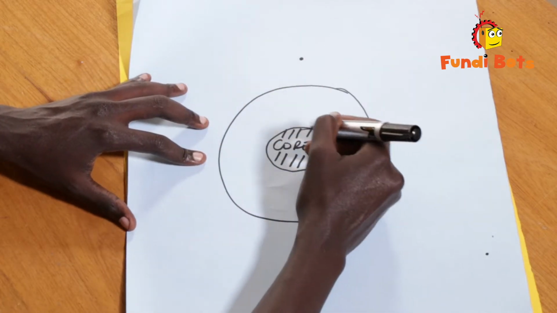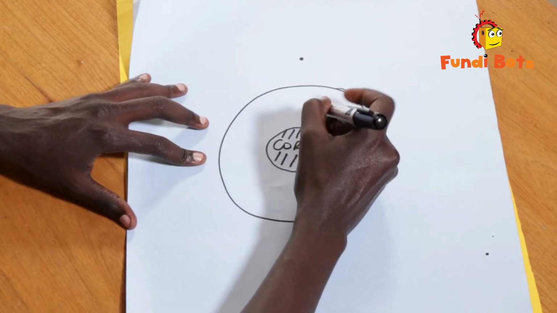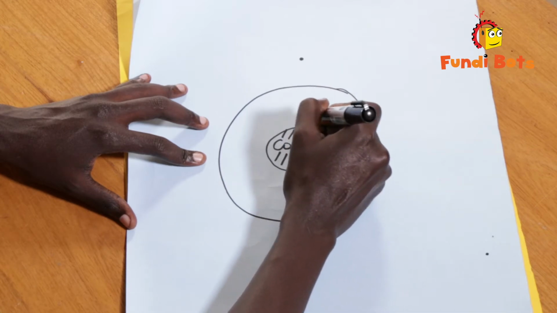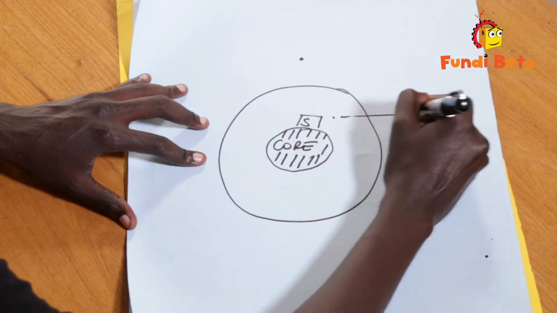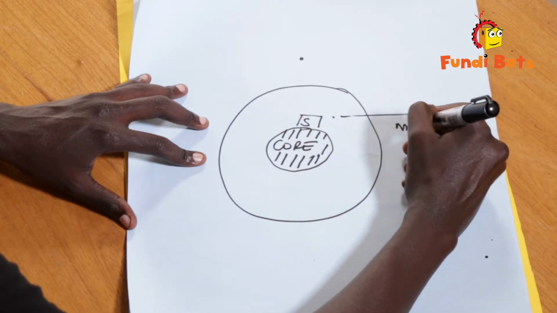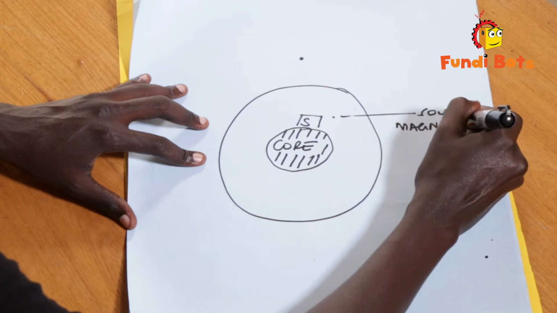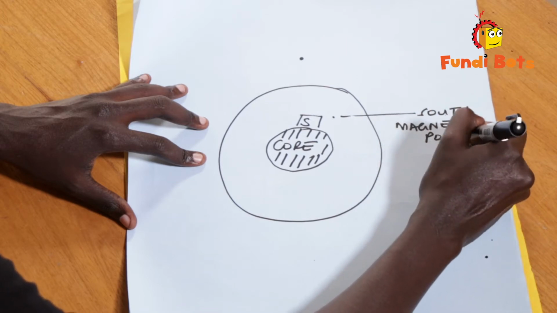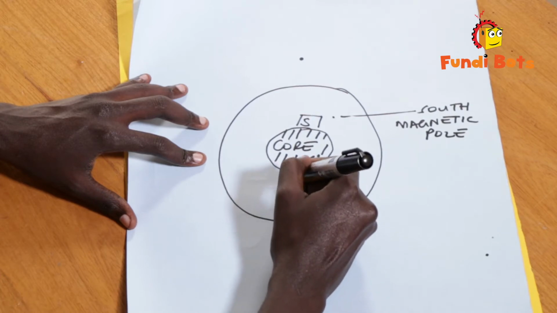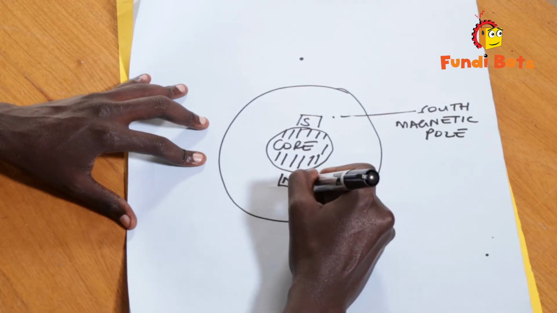The way this field is being generated is that it's creating a south magnetic pole at the top, and at the bottom here, it's creating a north magnetic pole.